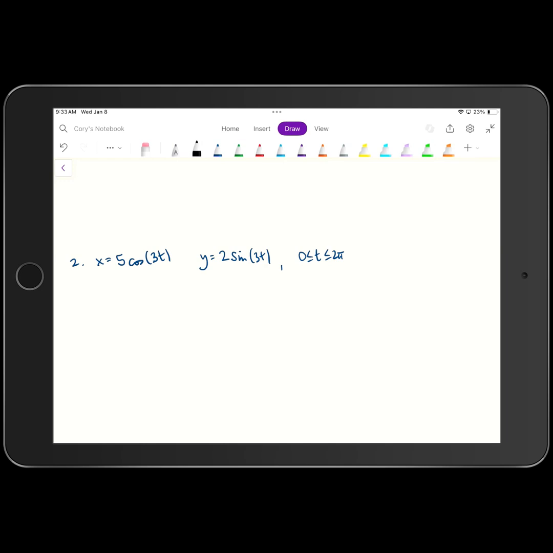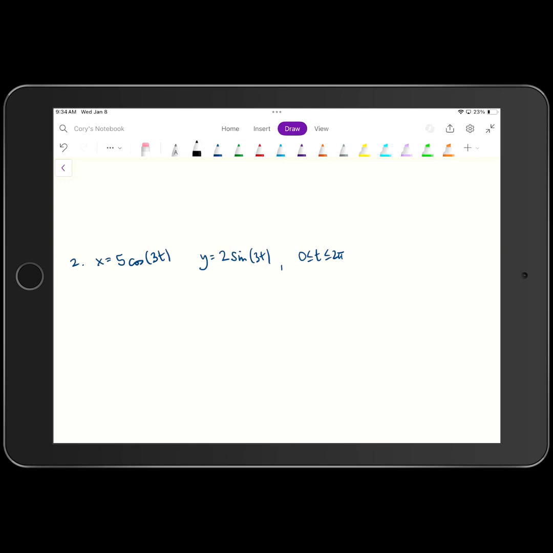Now, if we recall graphing trig functions, when we multiply inside of our trig function by a number that's bigger than 1, that horizontally compresses the graph by, in this case, a factor of 3.